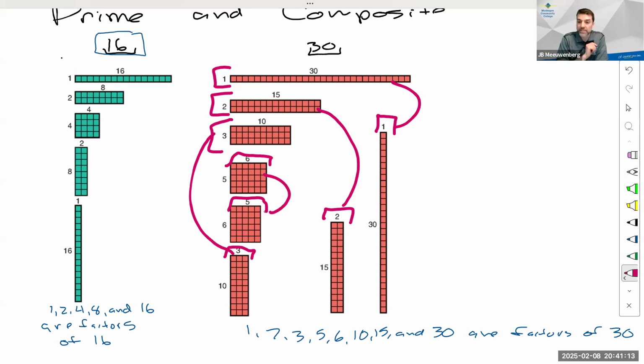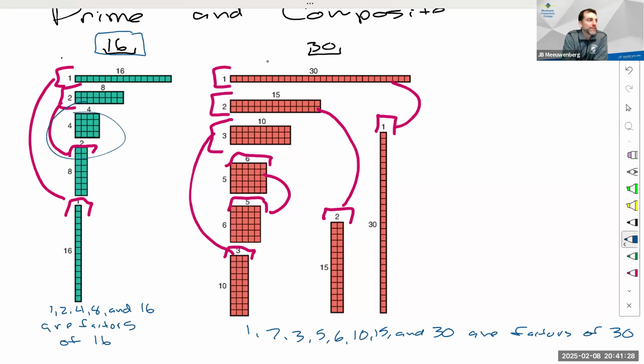Is that true for 16? Kind of. 1 and 16, 1 and 16, so those match up. 2 and 8, 2 and 8, so those match up. But what happened here? Oh, so 16, what's special about the number 16? 16 is a perfect square. It can be written as 4 squared.